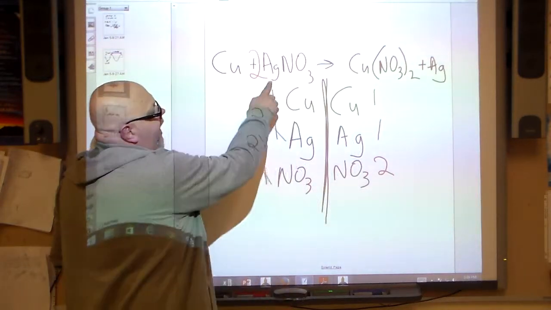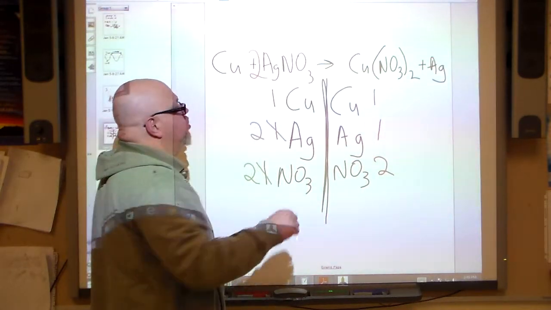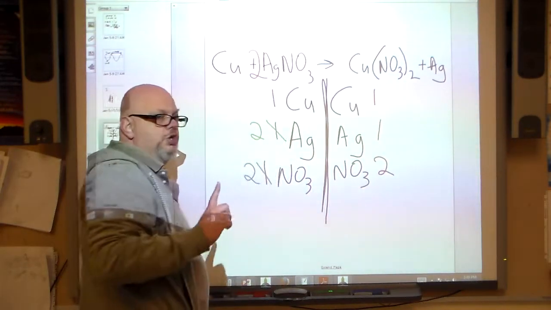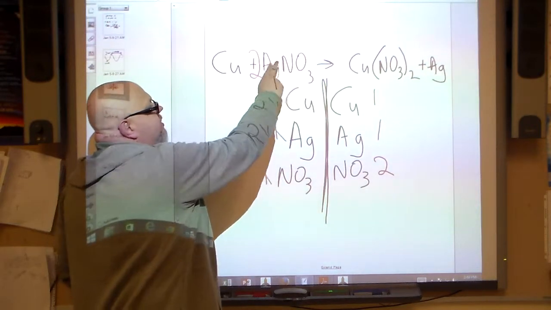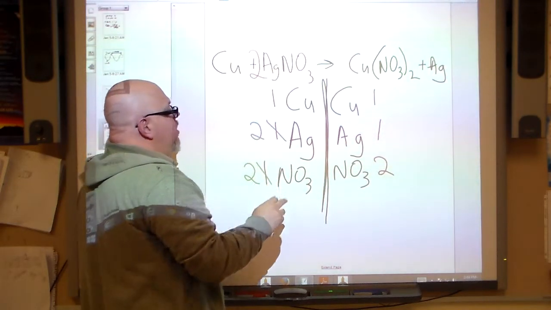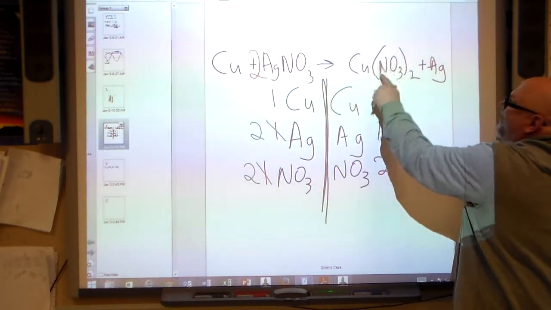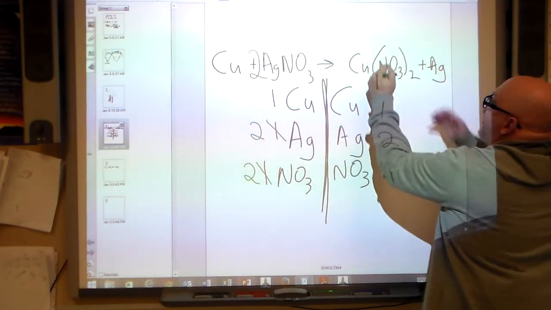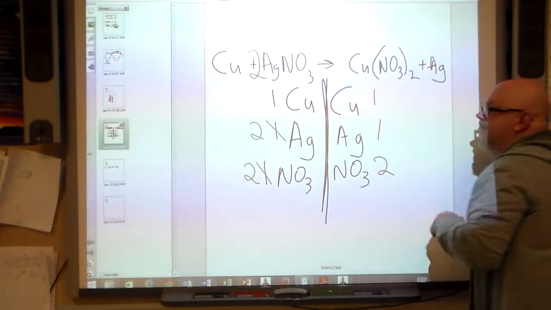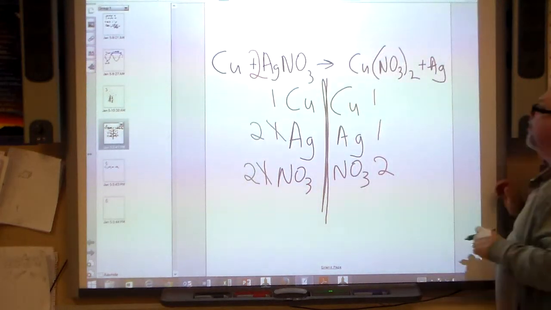Well, the Ag has only got a +1 charge. The NO3 is a -1 charge. So they're together as an item. Here we need 2 of these NO3, so we have to put the parentheses there, just as a quick reminder.